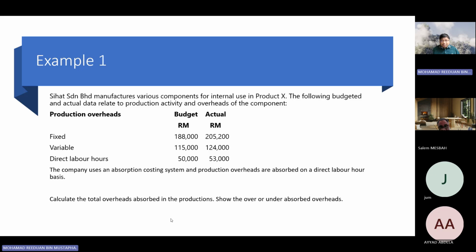The company uses an absorption costing system, and production overheads are absorbed on a direct labor hour basis. So the question is, calculate the total overhead absorbed in the production, and show the over and under absorption.